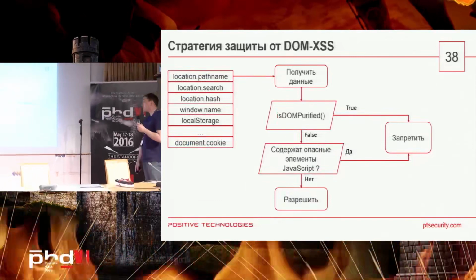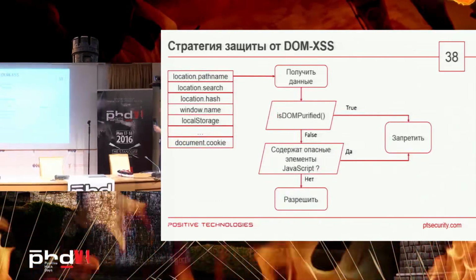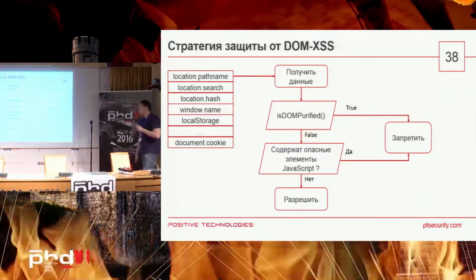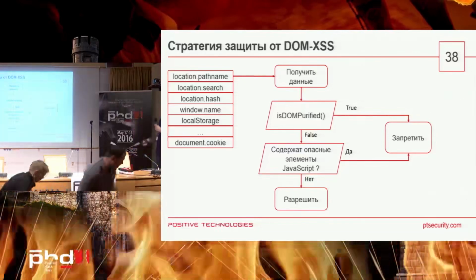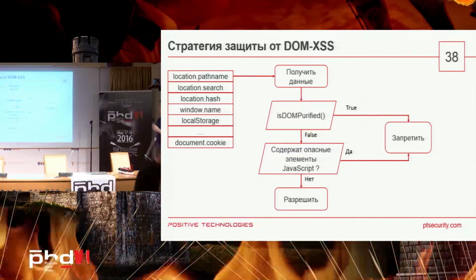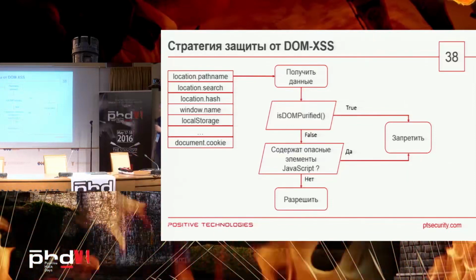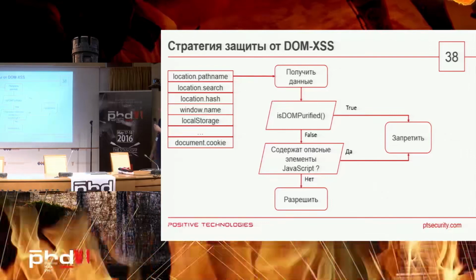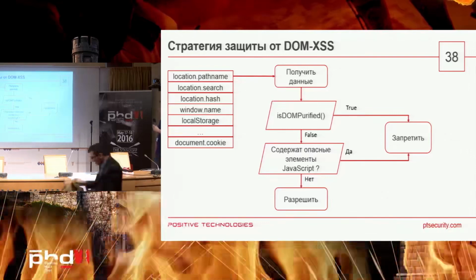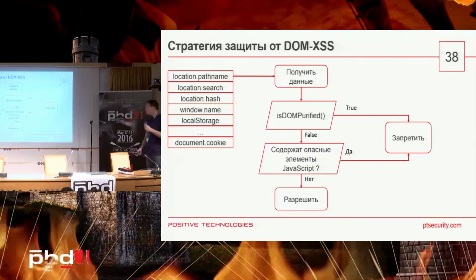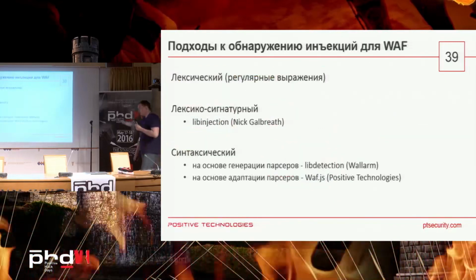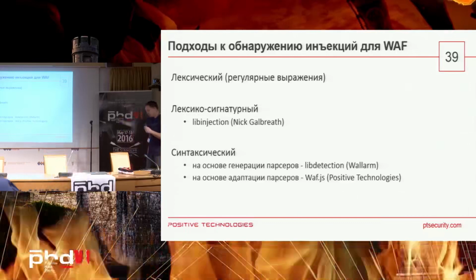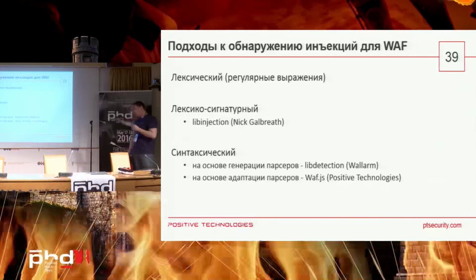In this way, as part of our strategy, we implemented the first stage. The data received go to the input of DOM Purify, get processed, and then if the data contains nothing dangerous from the DOM Purify point of view, we have to analyze them for dangerous objects of JavaScript. So what's the next task?